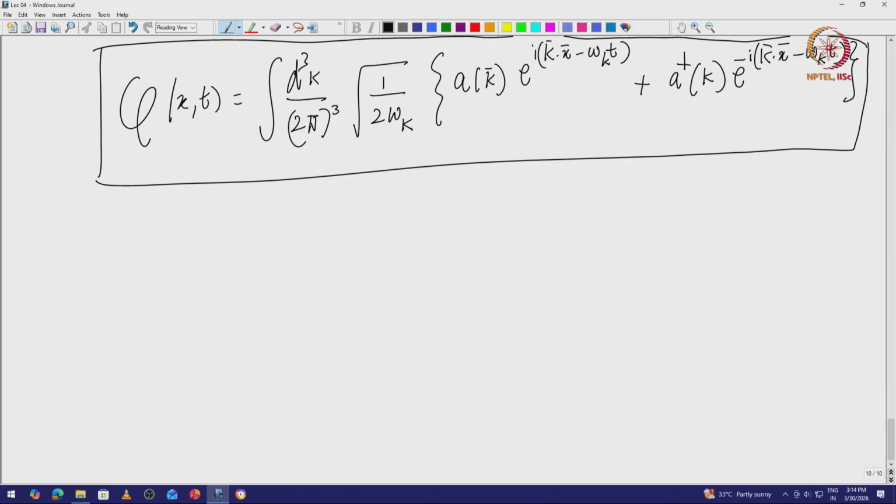What we have is the scalar field phi expressed in terms of A, which is an annihilation operator, but for every k, a real scalar field in terms of a bunch of annihilation operators for every k. How many of them are there? They are k dependent, integrated over k, and then there is the A dagger.